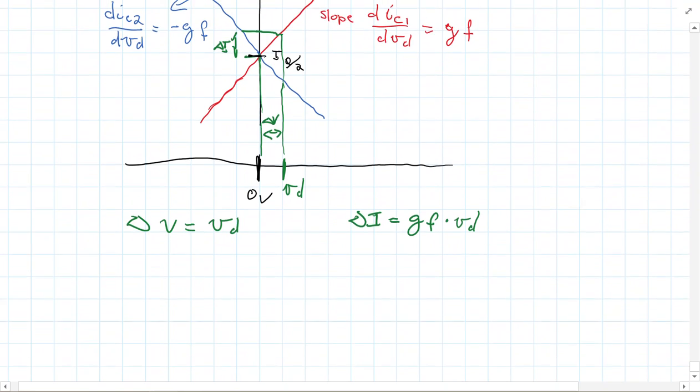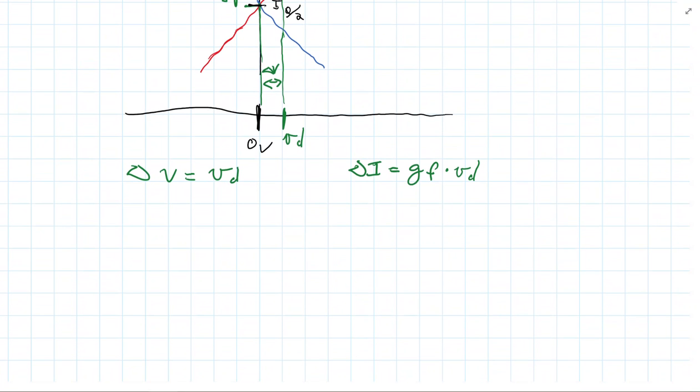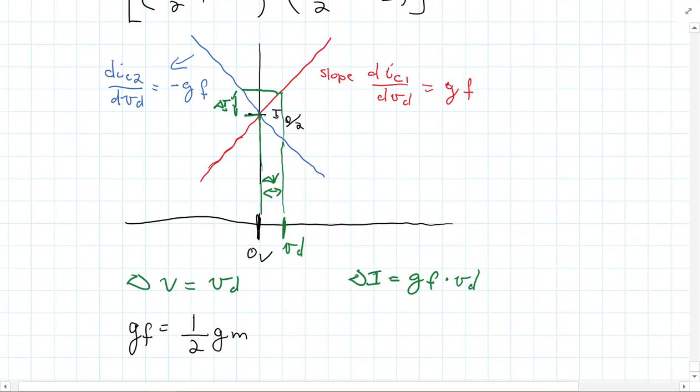Okay, but then remember, what did we say that GF was? We said that we could write an equation and get that GF was 1/2 GM. Because again, we evaluated the slope at this point right here. And, you know, again, we're in these, quote, linear portions, and so it was just 1/2 GM.